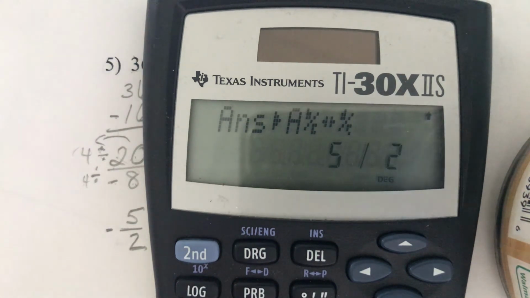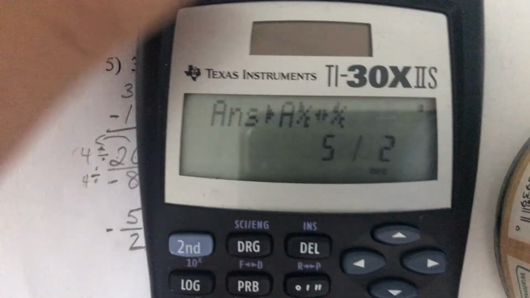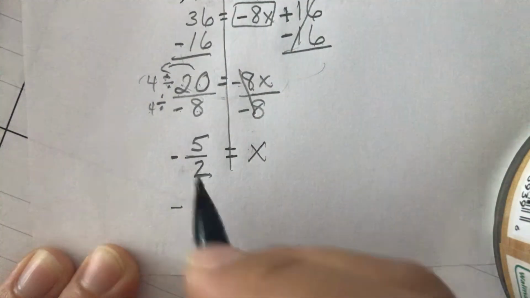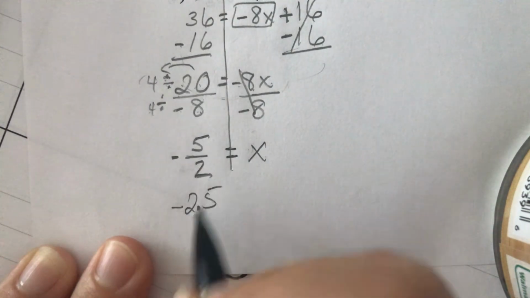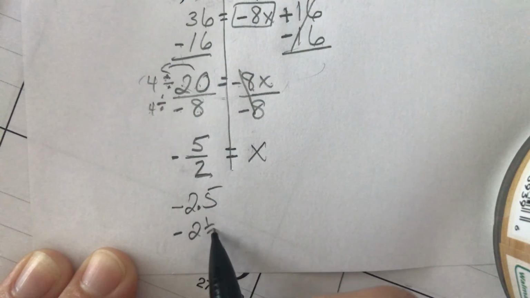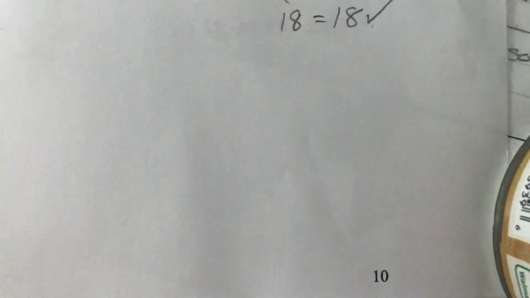There's the 5/2. And we know it's negative. I already said, don't even worry about putting the negative in. You don't want that to screw you up. We know it's negative. So any one of those you can use. You could use the -2.5, or you can use the -2 1/2. Let's check it.